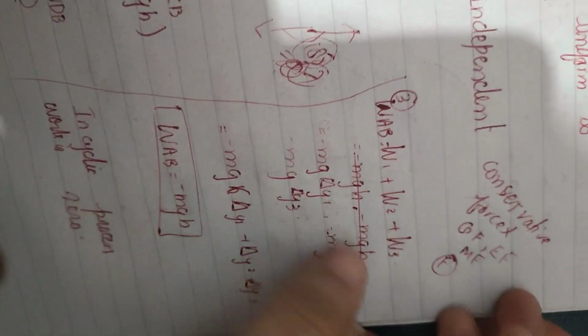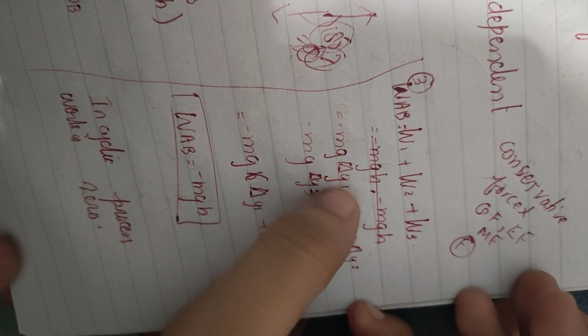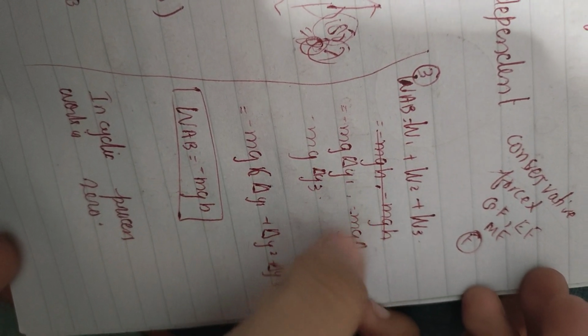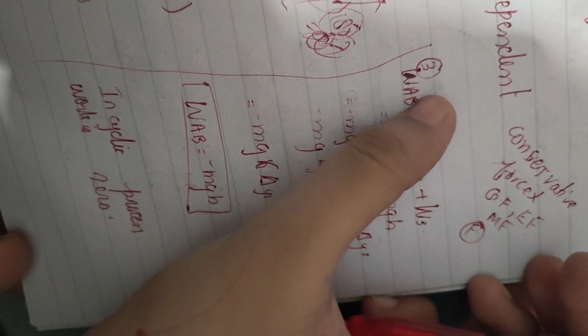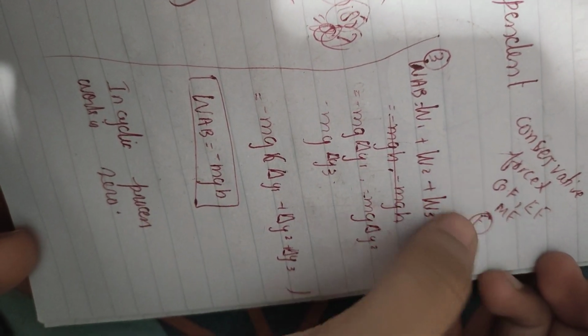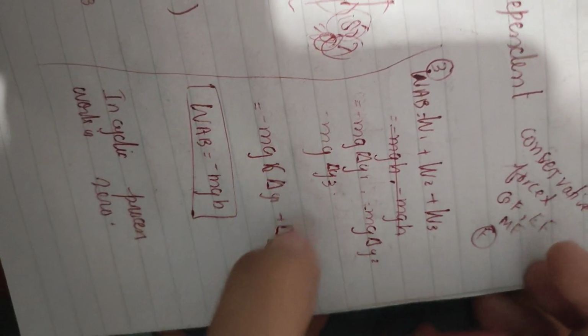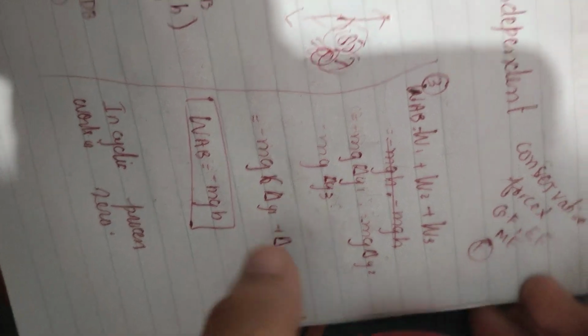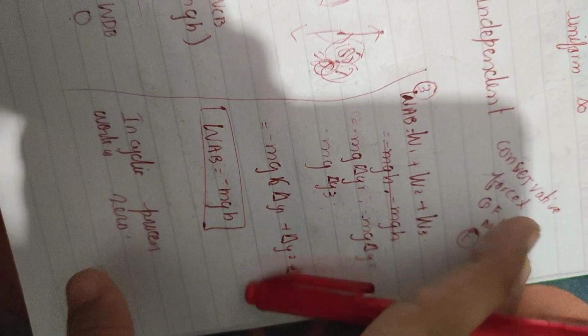So mg h, instead of h we have delta y1, mg delta y2, because w1 plus w2 plus w3 is the derivation of it. Now here is the common h value, so the answer is again minus mg. So it is independent of path. Work is independent of path.